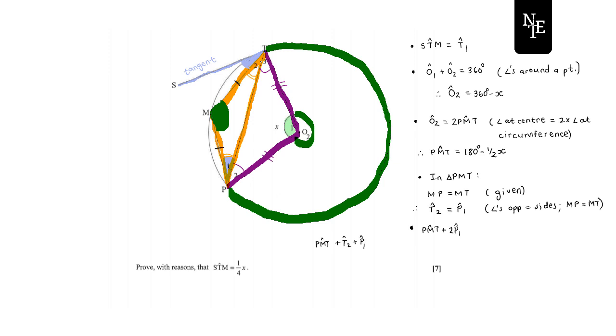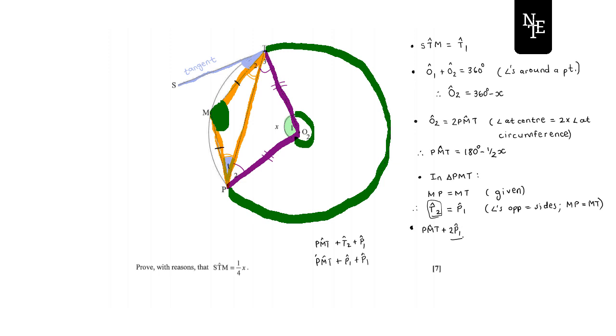Those are the interior angles of this orange triangle. But remember that angle T2 is equal to angle P1, so this is just angle PMT plus angle P1 plus angle P1.